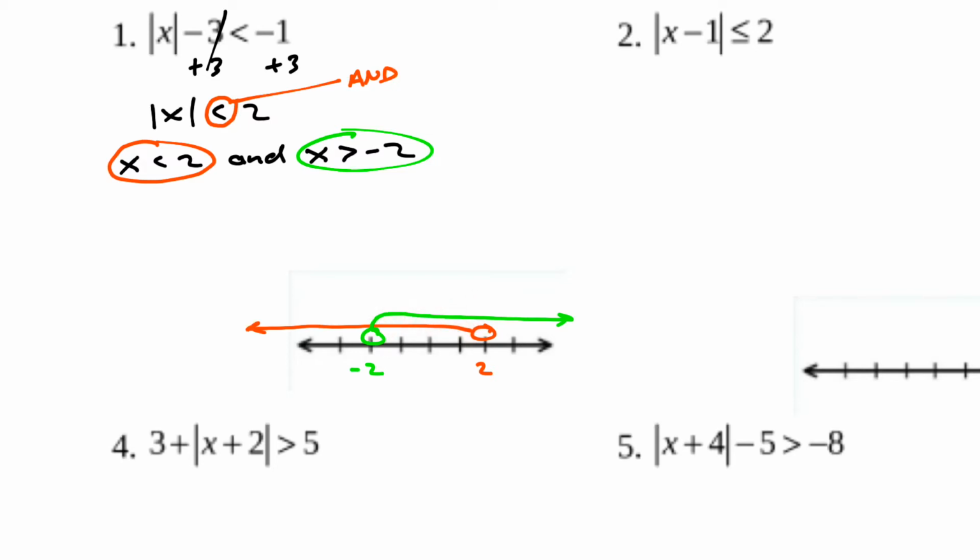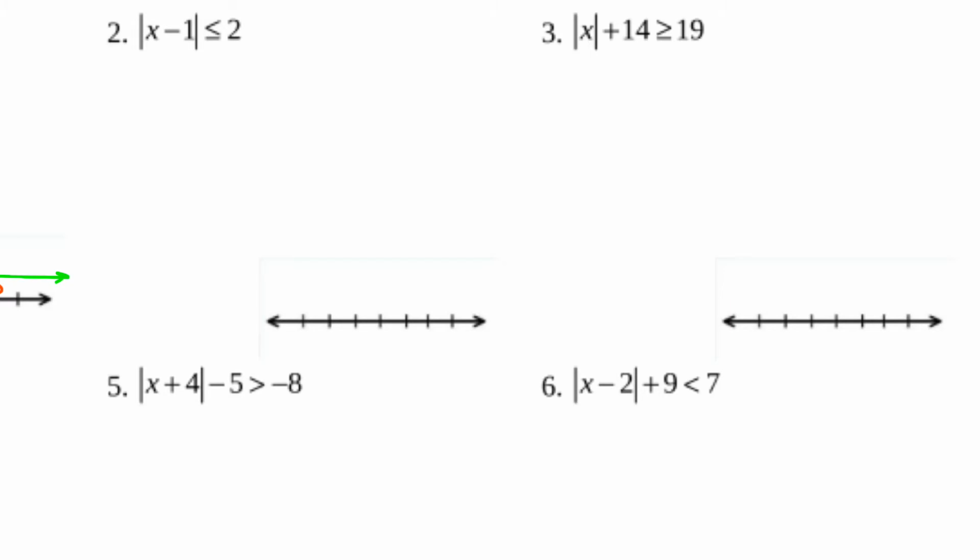And so we already went over how we write our final answer in that case. It's all the real numbers x between -2 and 2. So let's put x between -2 and 2, with a less than symbol and a less than symbol. And there you go, there's our solution for number 1.